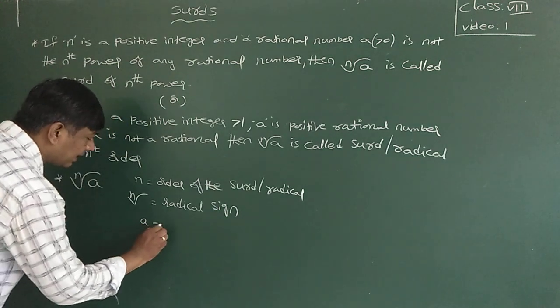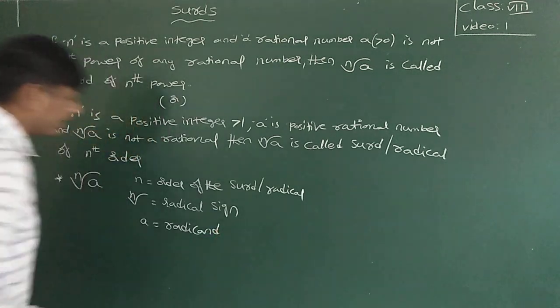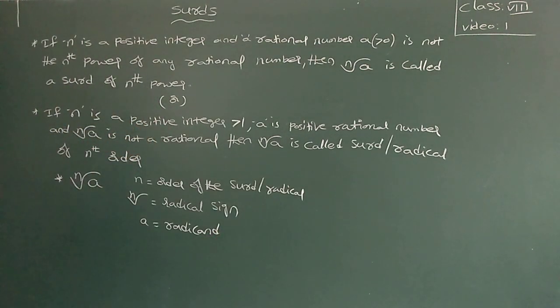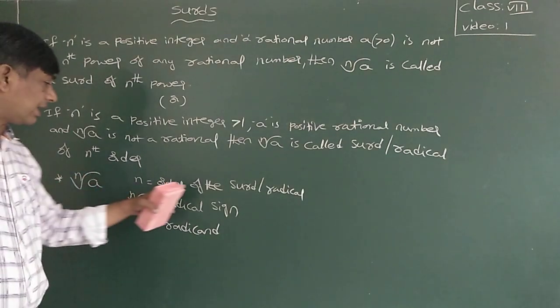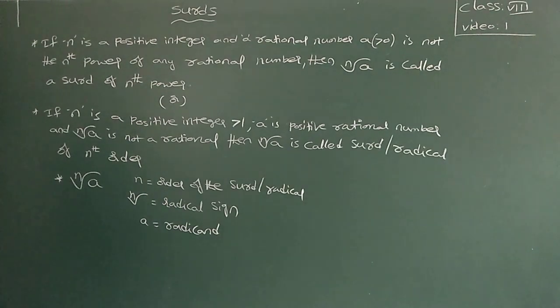A is called the radicand. In the nth root of a, n is called the order of the surd, the root symbol is the radical sign, and a is called the radicand.